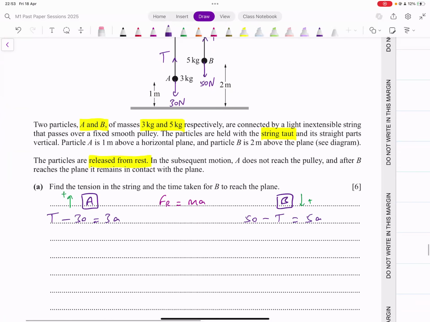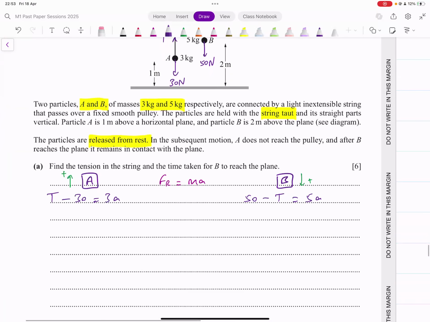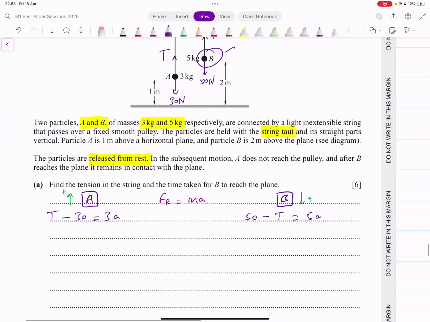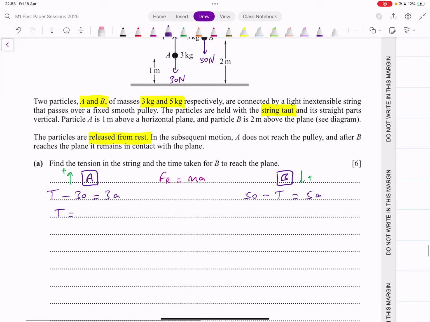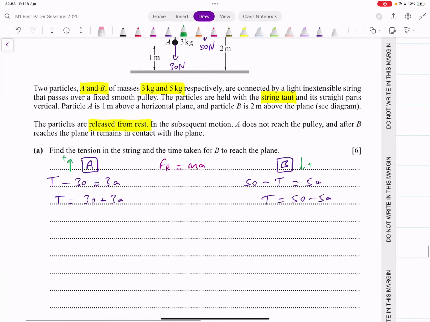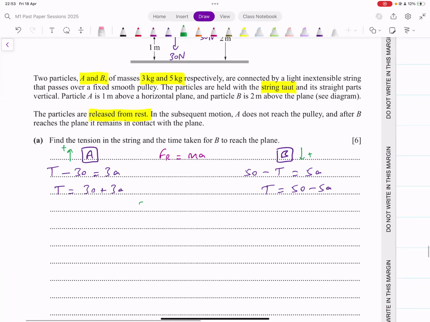We can find the tension now and the acceleration as well, because we will need that to find the value for T here. Let's find both of those values. We can make T the subject. T equals 30 plus 3 times A, and from this, T equals 50 minus 5 times A. Let's equate both of them. 30 plus 3A equals 50 minus 5A. 8A equals 20, and then A equals 2.5.